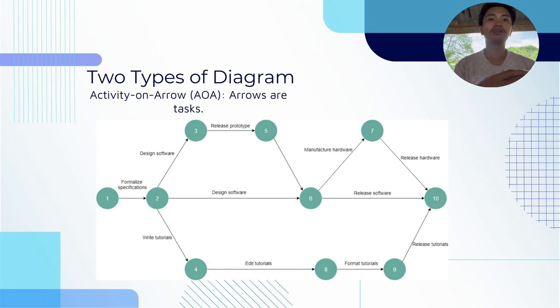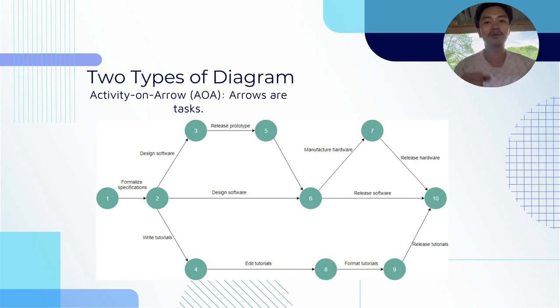There are key elements of the activity on arrow. First is the activity, or the arrow. It represents a task that takes time and resources, shown as a direct arrow. The second is the node, or the event. It represents the start or end of one or more activities, shown as a circle.